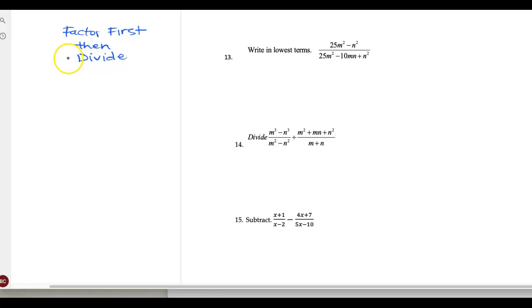So I'd say the most common thing that I see people do on this that is a big, huge no-no is they look at this first one and say, oh, I've got 25m squared and 25m squared, and they try to just divide those out. Well, you can't divide those out because these are connected by subtraction. You can only divide things out if they're connected by multiplication.